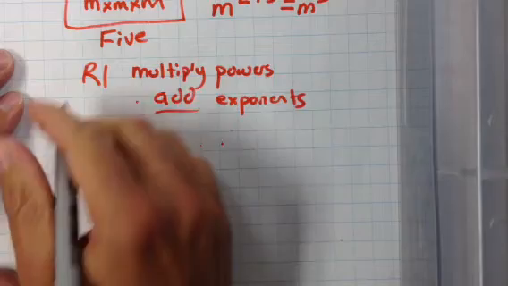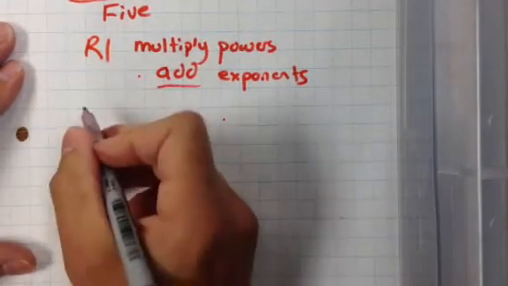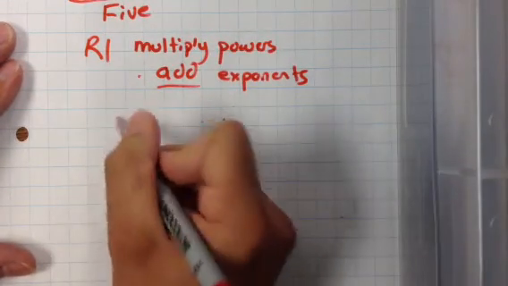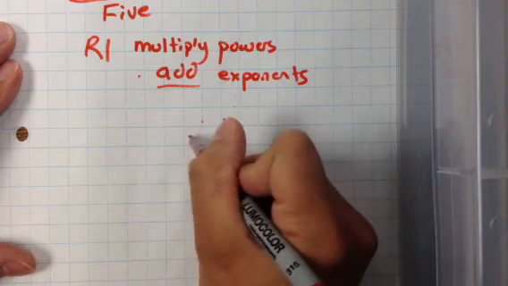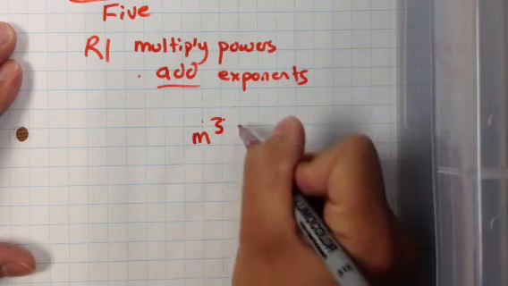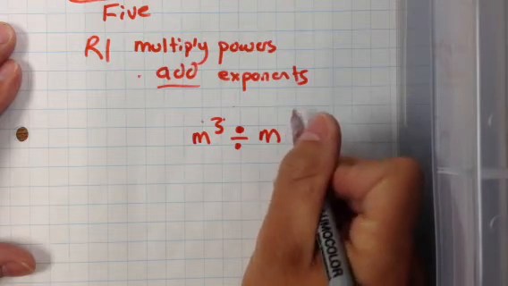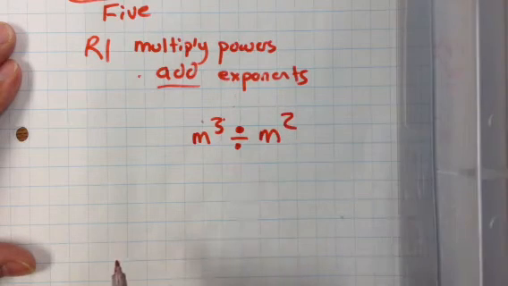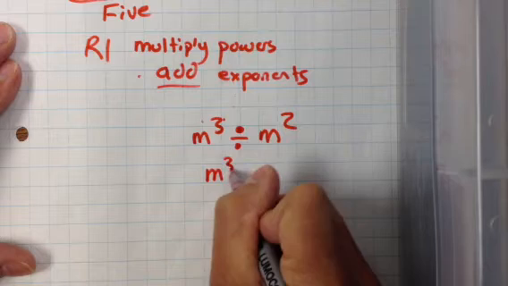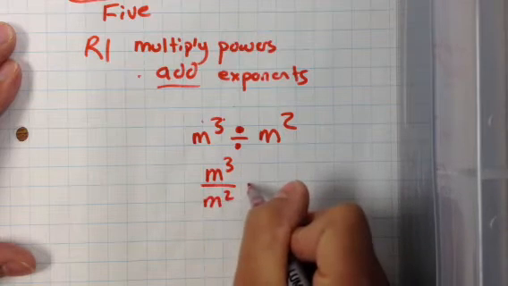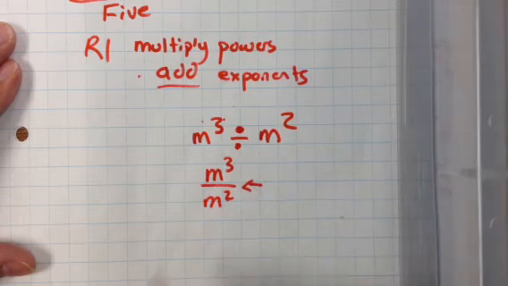The second rule is the opposite, and we're talking about division. So if I had something like m to the power of 3 and I'm dividing it by m to the power of 2, you can also rewrite that as a fraction because this also means divide as well. So these mean the same thing.